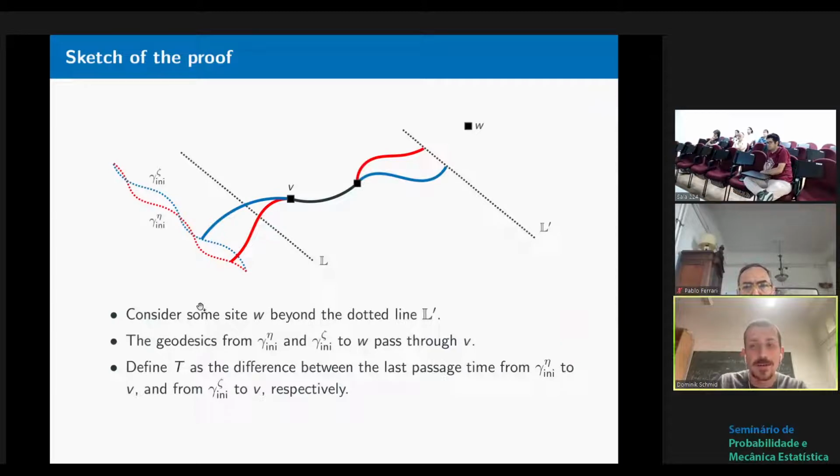Or in other words, the two processes will eventually behave in the same way up to this time change of t. Okay. So this is the key idea for the proof that we get that the two processes are actually becoming time shifts once we know that we have simultaneous coalescence.